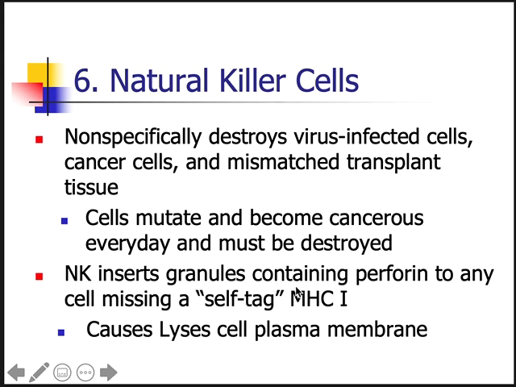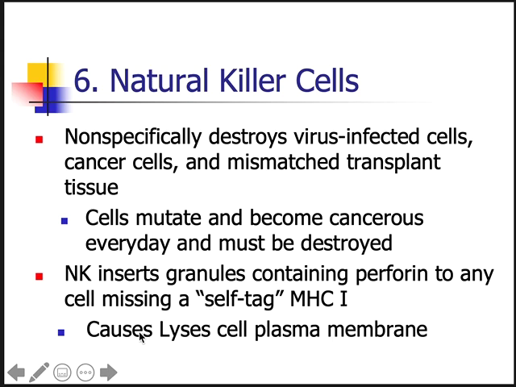If it's a mismatched transplant, it's not going to have your own self tag. It's going to have some other MHC tag, so that will also be attacked. Our cells mutate all the time and become cancerous or precancerous, but our natural killer cells destroy them before it becomes an issue.